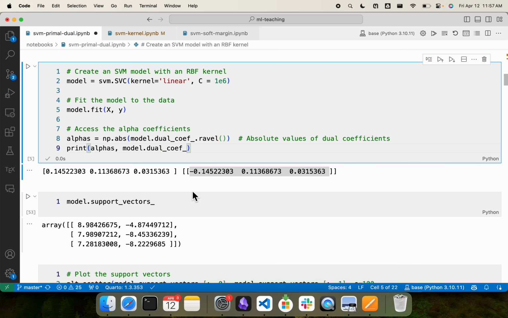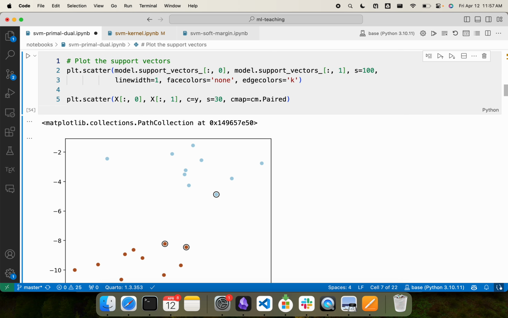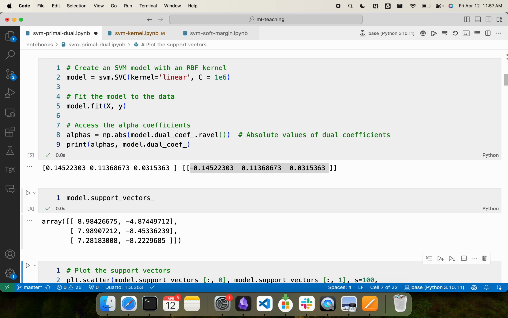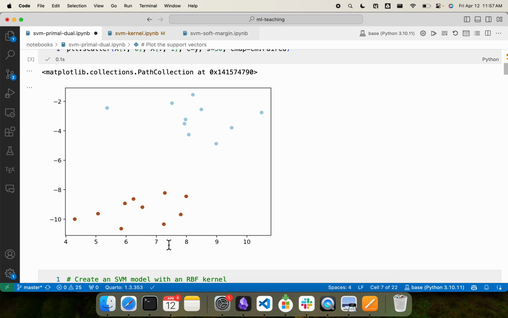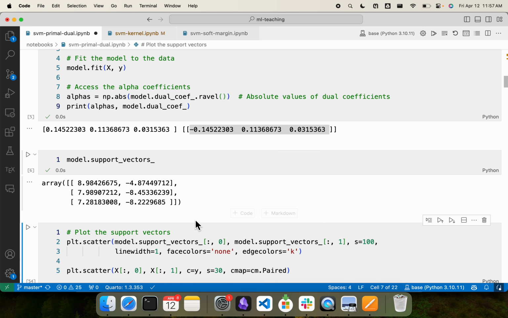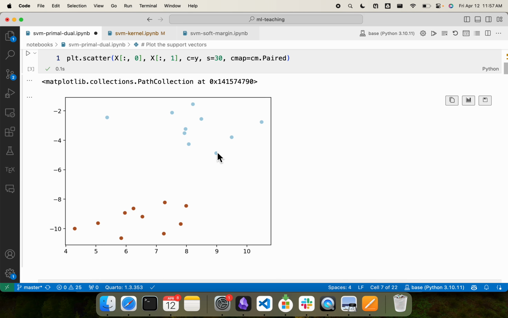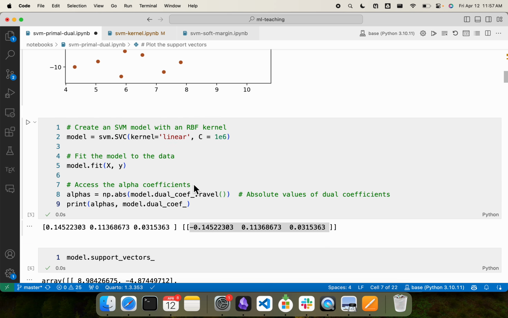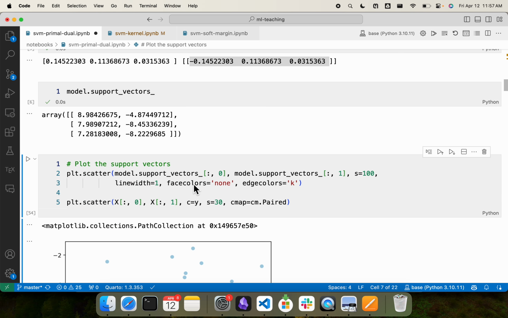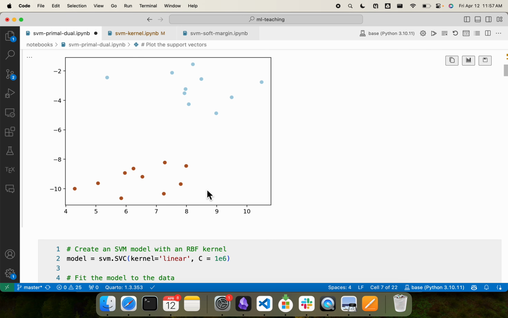I then also print my support vectors. My support vectors are vectors in the original 2D space: (9, -4), (8, -8), and (7, -8). You can see these points; 9, -5, sorry, is this blue point.